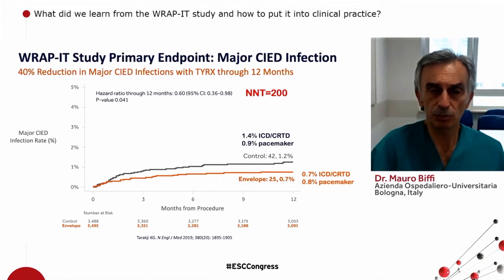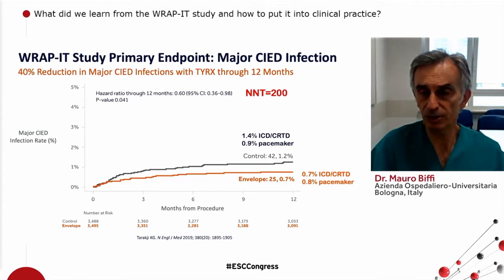So coming to the ROPID trial outcome, we learned that the control arm had a very low event rate, and we are talking about CIED replacement or upgrade. The treatment arm had a 40% significant reduction of overall infection with a number needed to treat of 200.